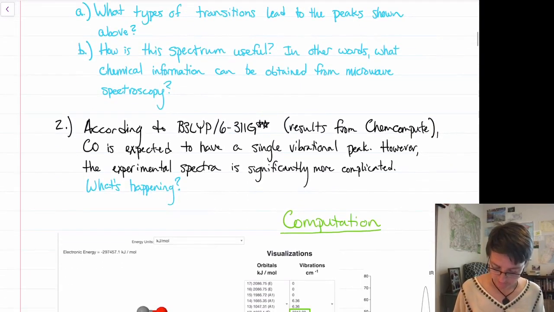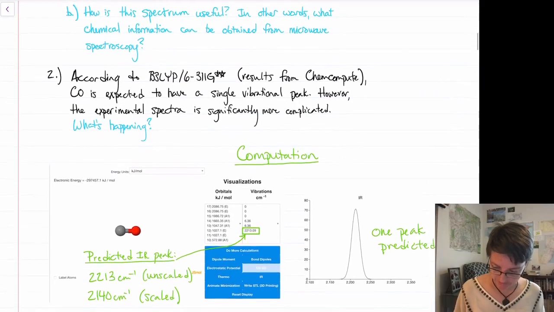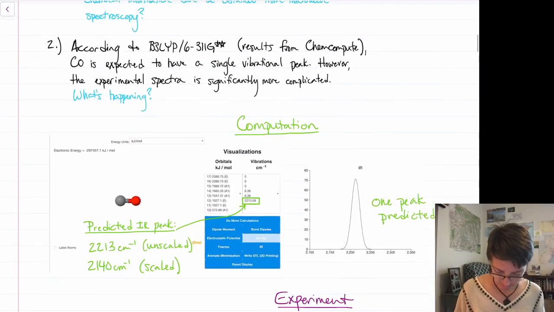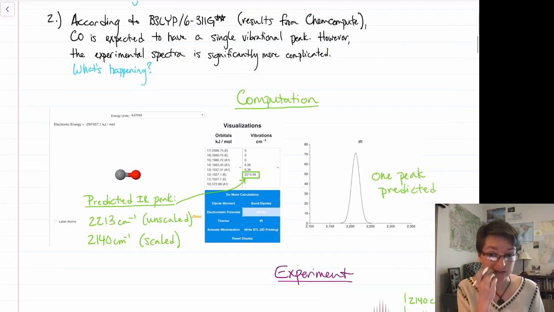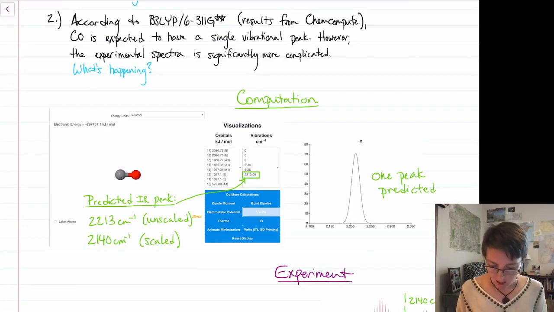The other question that we want to try and address today is sort of a mystery that you may or may not have noticed in looking at some vibrational spectra up to this point. Like we walked through in the last lecture, we can do a computational chemistry calculation. In this case, this figure corresponds to a B3LYP computation with a triple zeta basis set.